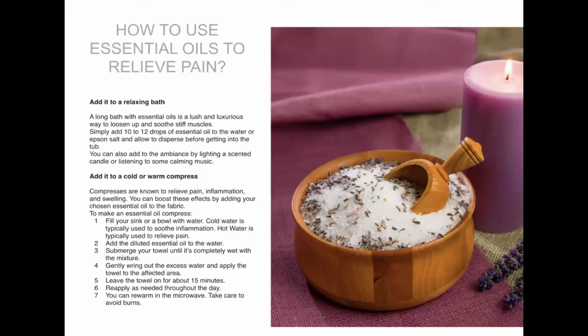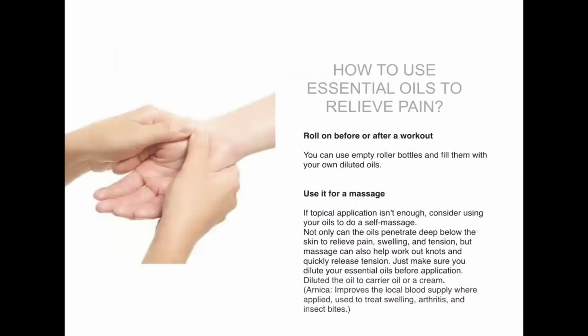We can also simply, this is just a simple way, use roller bottles and fill them with your oils, and obviously we always want to dilute the oil. You can roll it onto the specific part where you have pain. It can be on the neck, on the shoulders, maybe on the legs.